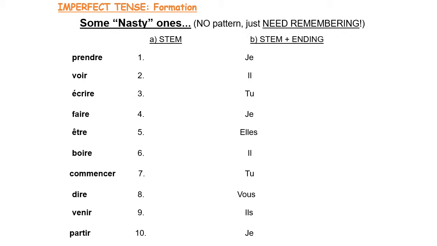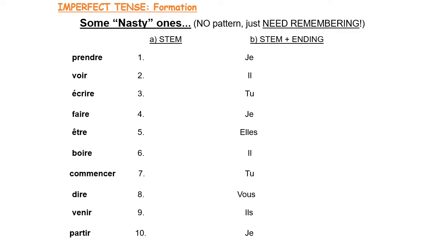Feel free to check your grammar notes, but also feel free to look up wordreference.com. And when you type the verb into wordreference.com, one of the options will be for a conjugation. And if you click on conjugation, you'll see the verb conjugated in all sorts of different tenses.